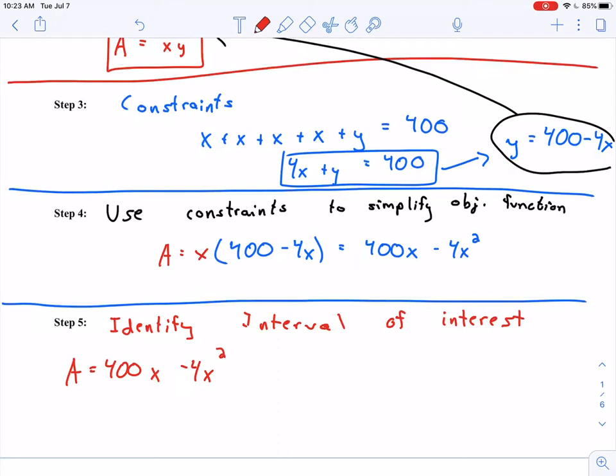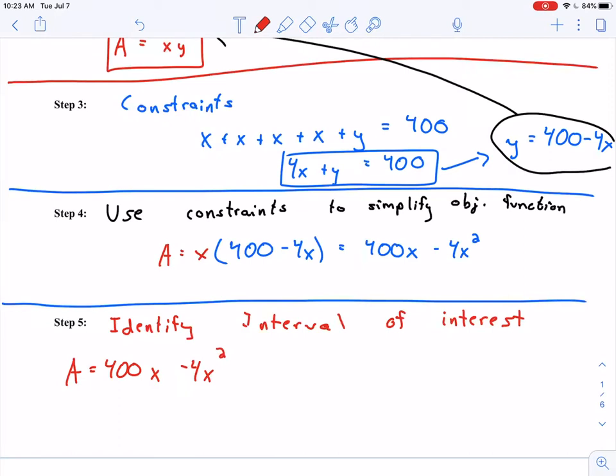I want to identify the x values that make sense for our problem, because some x values, if we plug this in, we'll get like a negative area, and well, that doesn't make any sense. Area can only be positive. So we want to identify an interval that we're working on. Sometimes we'll just call this the domain of our function here.